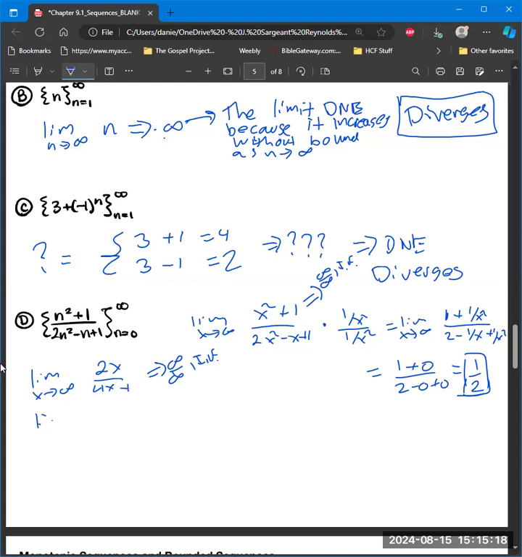And I'd apply L'Hopital's rule again. 2 over 4 is equal to 1/2, and we get to the same answer here. So the sequence converges to 1/2.